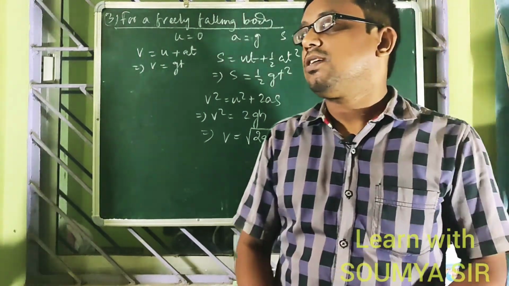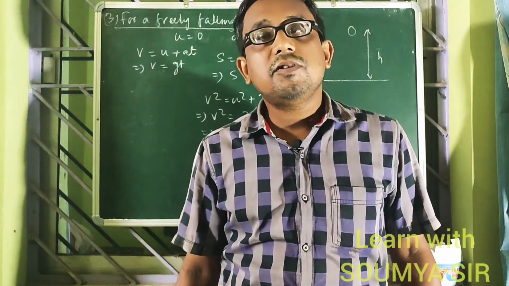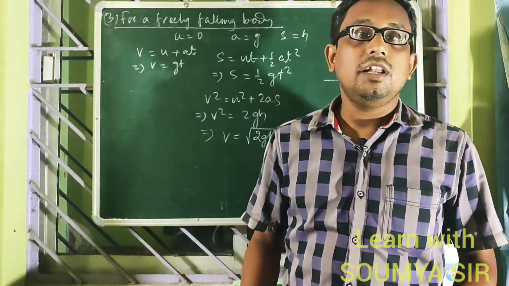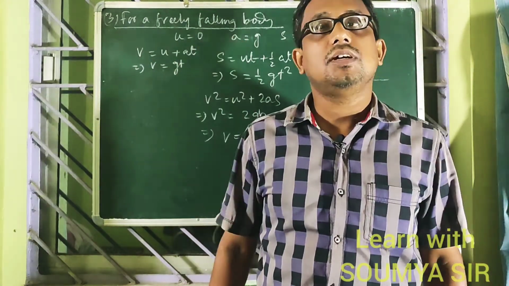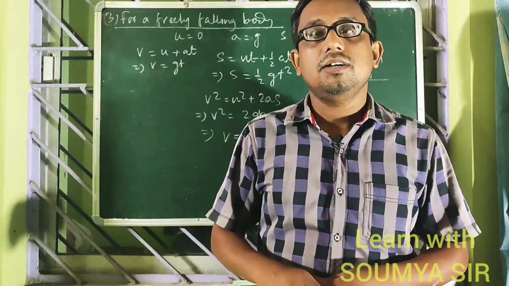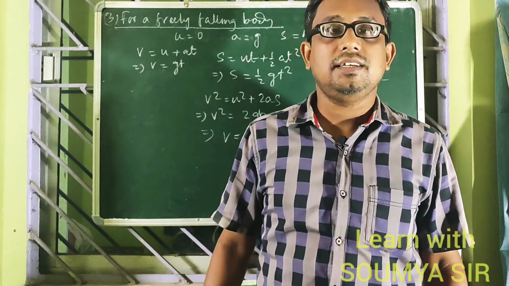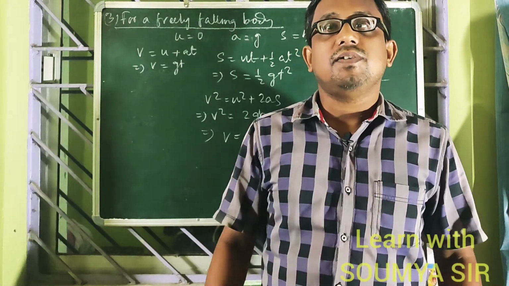So if a question comes that two bodies are there, one body is 5 kg, another body is 3 kg, both are dropped from the same height at the same time, which body will reach the ground first?